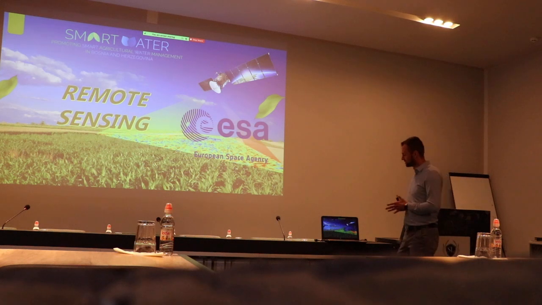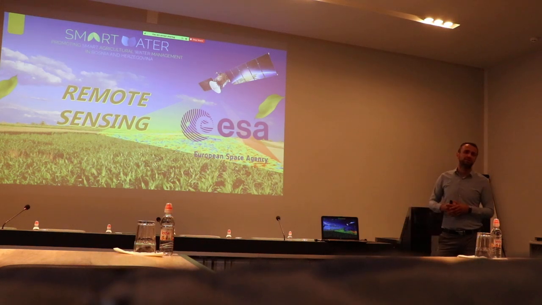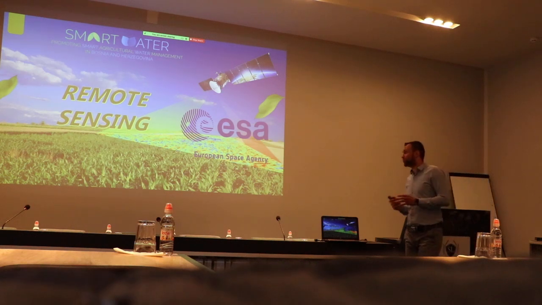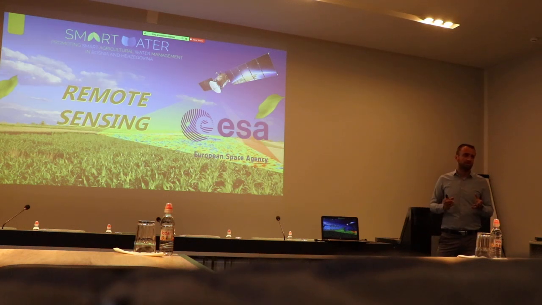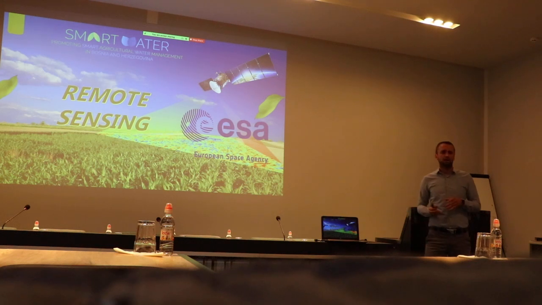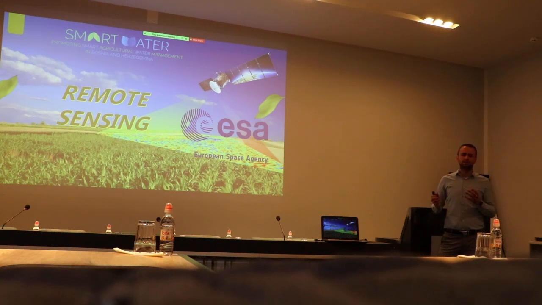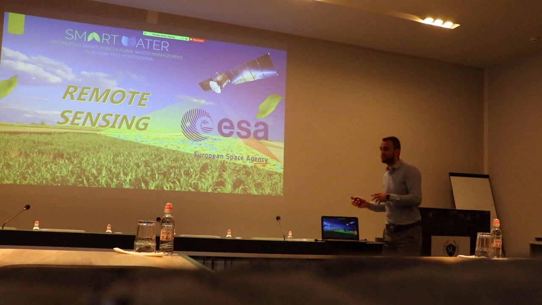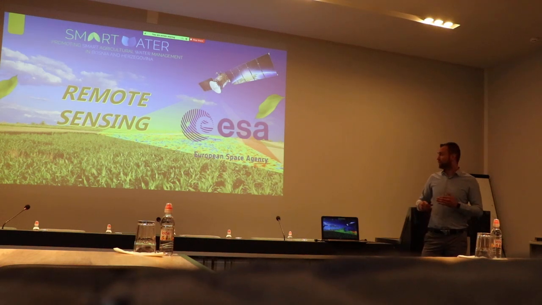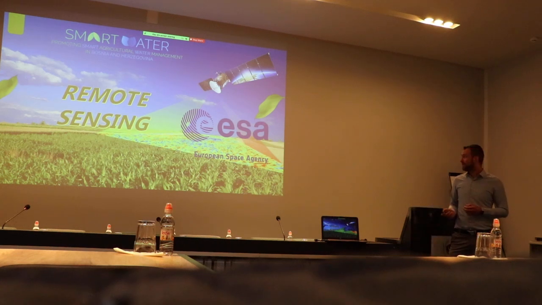Now, I'm going to speak about the use of remote sensing in agriculture. Probably someone knows what remote sensing is, but remote sensing is the process of detecting and monitoring some characteristics of an area by measuring its reflected radiation at a distance using special multispectral cameras.